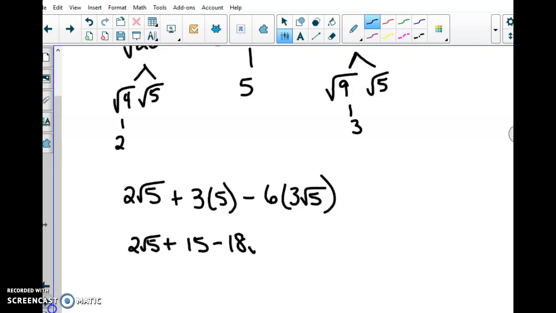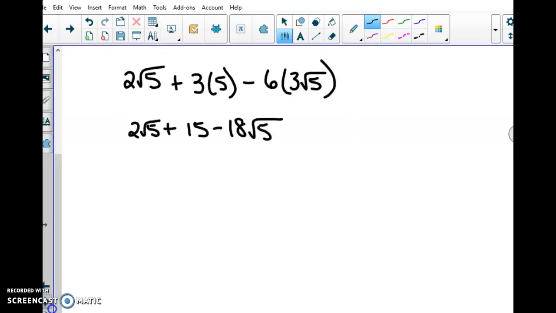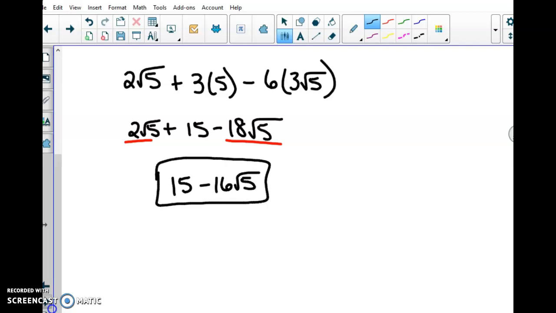So this is going to result in that 6 times that 3 getting me to 18. That 15 is going to stay by itself because obviously it doesn't have a square root. So I'm going to deal with those square root 5s now. Just like if they were a variable, you're just going to combine them together. So my final answer is going to be 15 minus 16 square root 5.